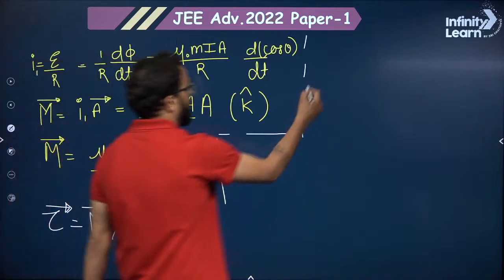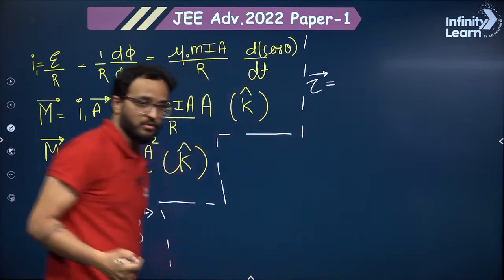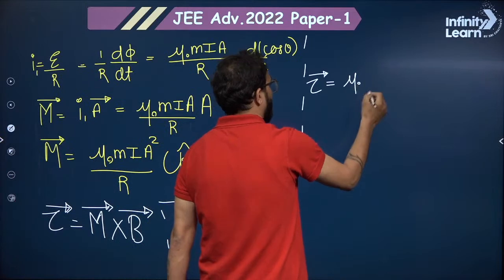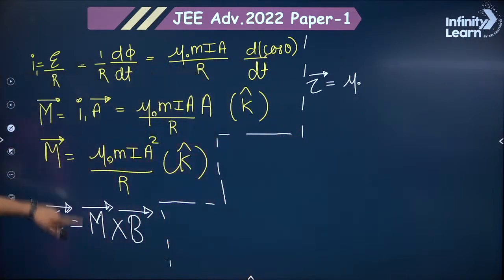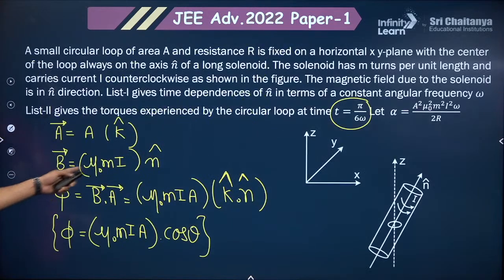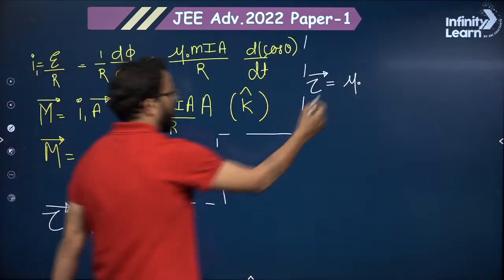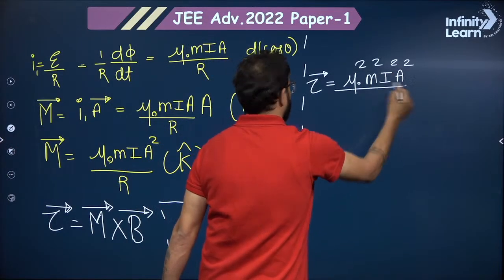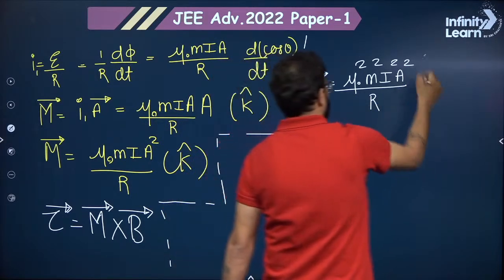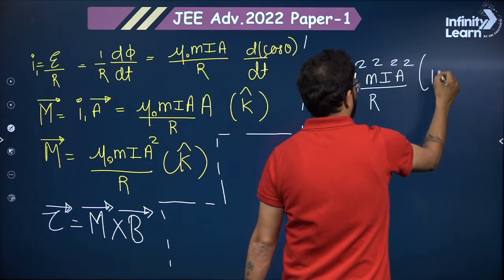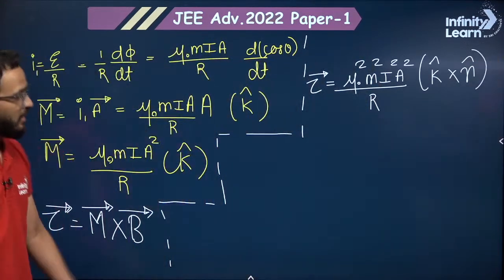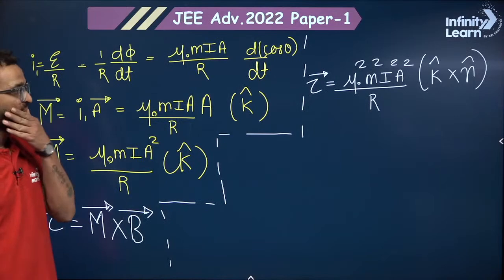So vector tau will be m cross B. If you do the cross product of vector m and B, where B is mu naught m I, it will be mu naught square m square I square A square upon R times k cap cross n cap. Okay, k cap cross n cap. So this is your torque.